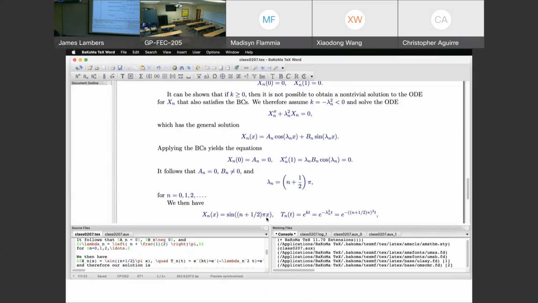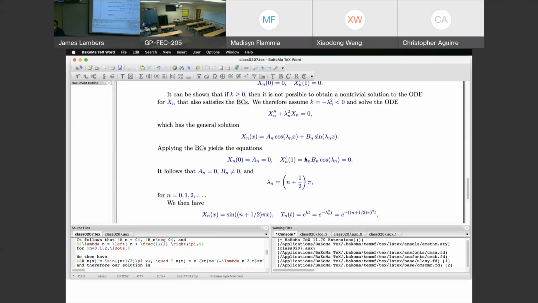Questions about how this was obtained? So we have to use the roots of cosine and then take the derivative?